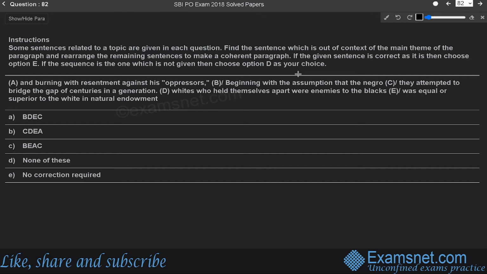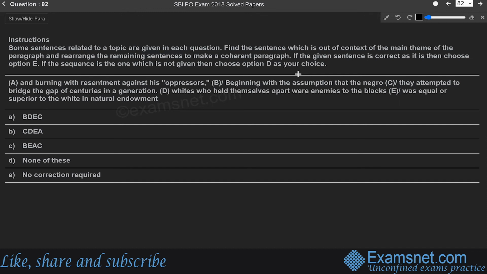On carefully reading these parts, we see that the sentence is about the Negroes' attempt to bridge the gap between the whites. B introduces the context of the sentence and it should be the opening part. E further states what the assumption is, hence E should follow B. A further continues what is mentioned in E, thus A should come next, and C concludes the sentence by mentioning that they tried to bridge the gap of centuries.